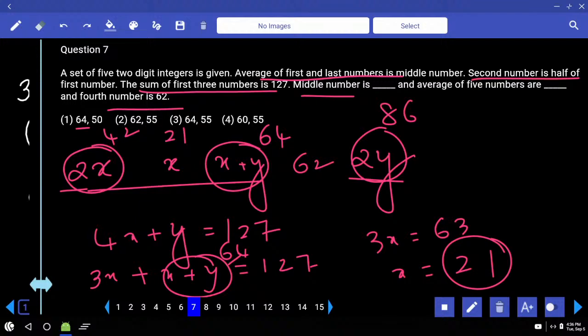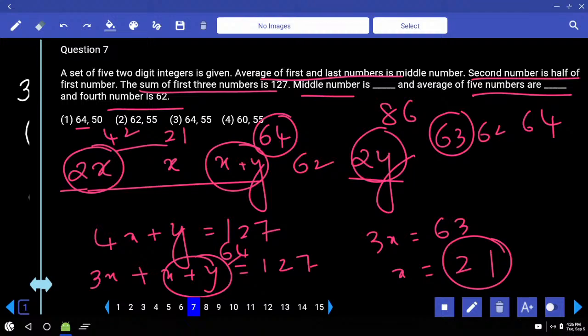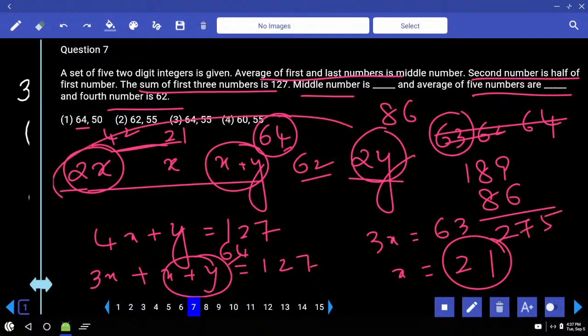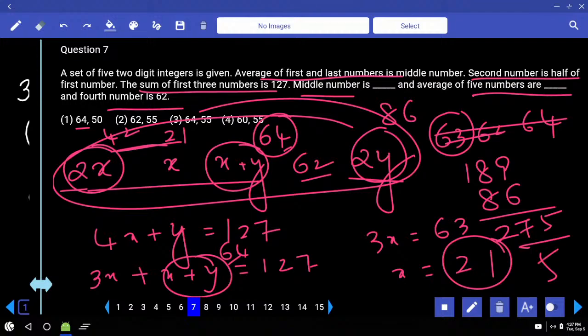So if the middle number is 64, then what about the average of all the numbers? 42 plus 21 is 63, plus 64, plus 62, plus 86. Is the average 63? Where did we make a mistake? The sum is 189 plus 86, that is 275, divided by 5, so it should be 55.